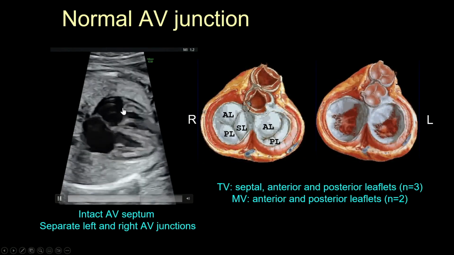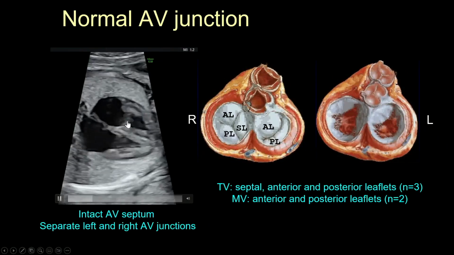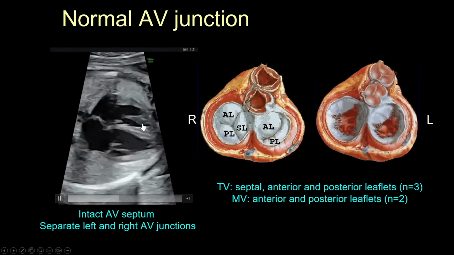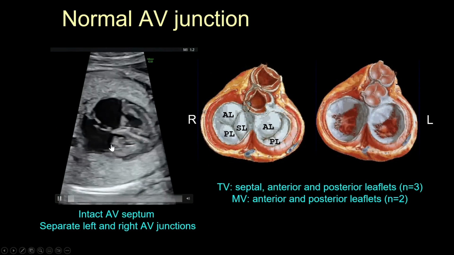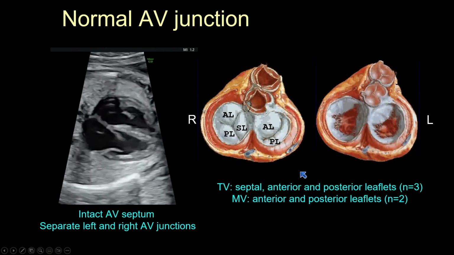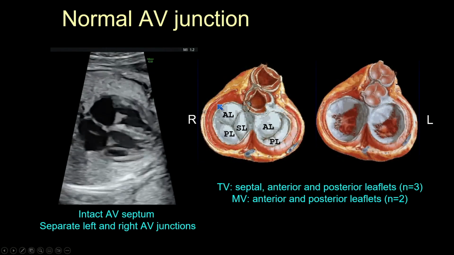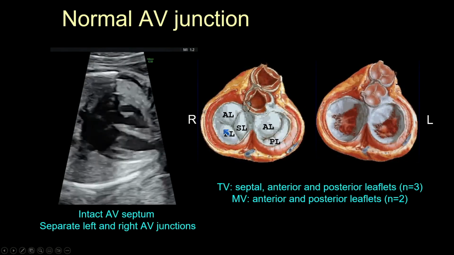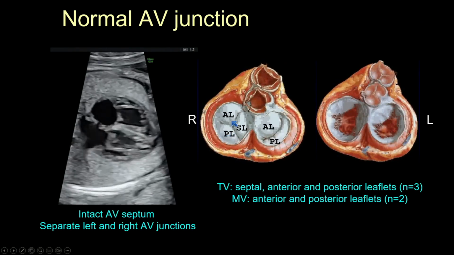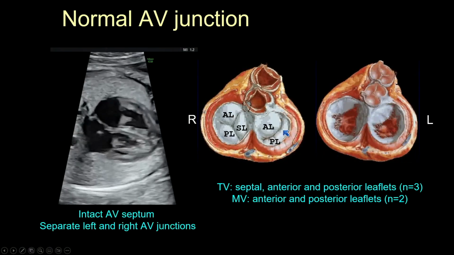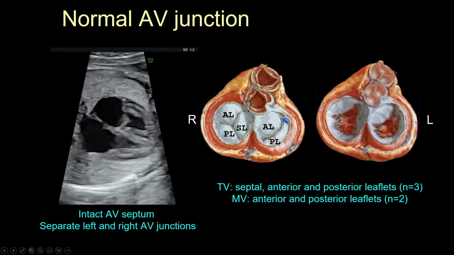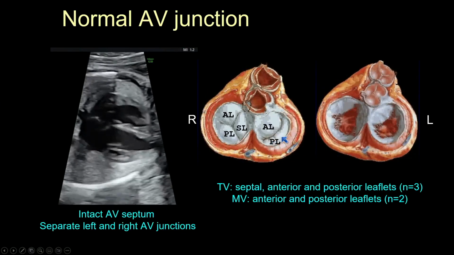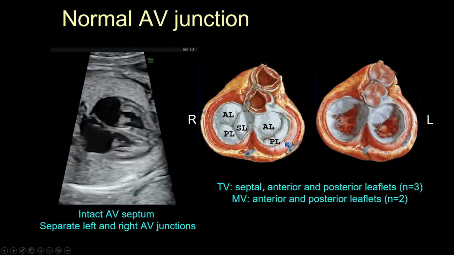You have two separate inlets to both ventricles. The tricuspid valve is a bit more apical compared to the mitral valve. If you look en face in the surgical view, the right AV valve has a septal leaflet, a posterior inferior leaflet, and the anterior superior leaflet, while the mitral valve has an anterior leaflet and the posterior mural leaflet.